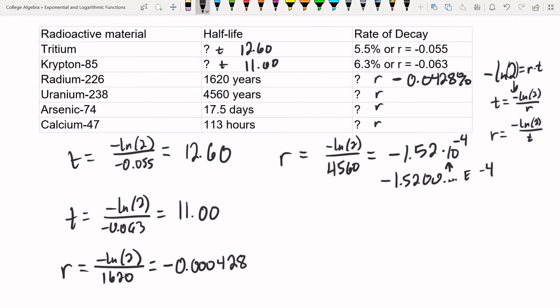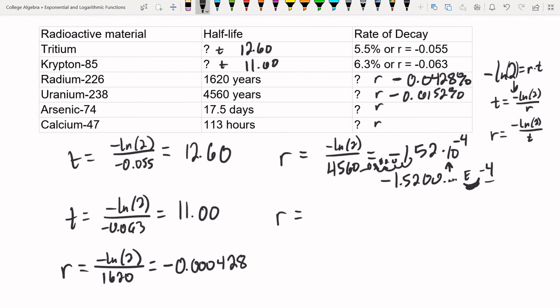That's the same thing as saying 10 to the negative 4. And so really what this thing becomes is negative 0.000152, which is the same thing as saying 0.0152%.